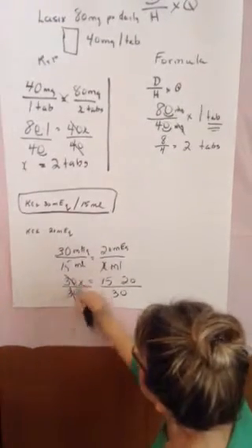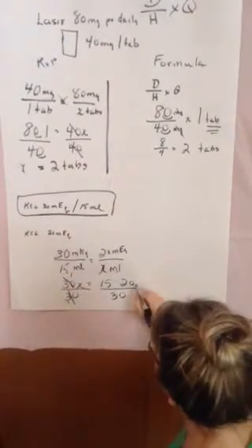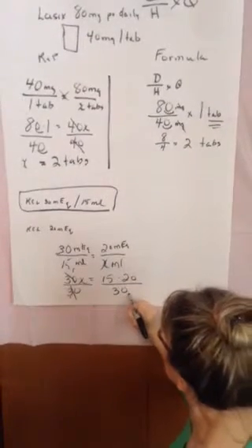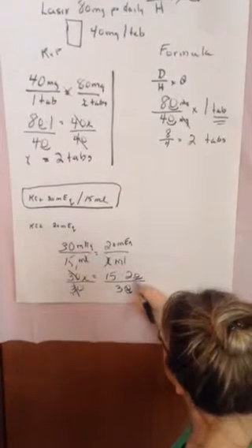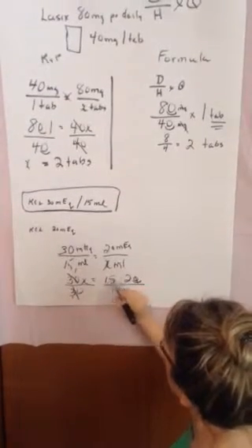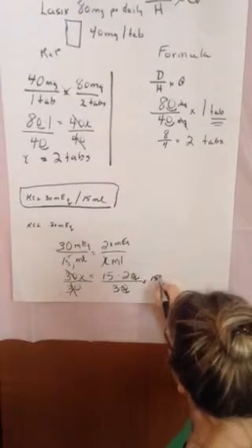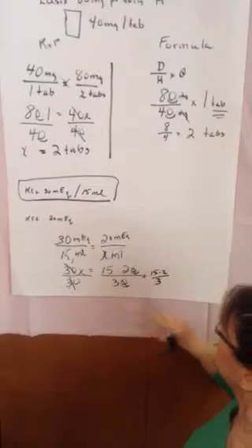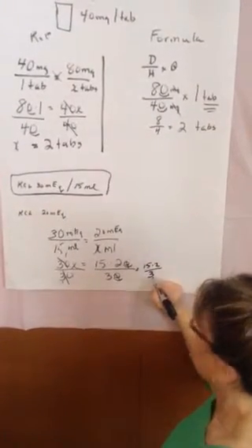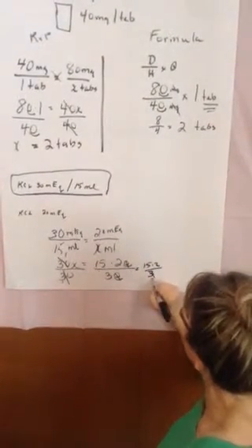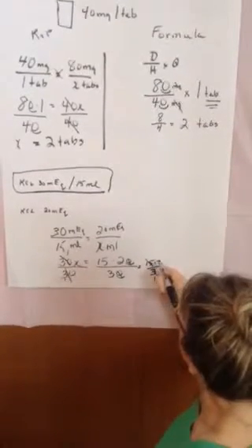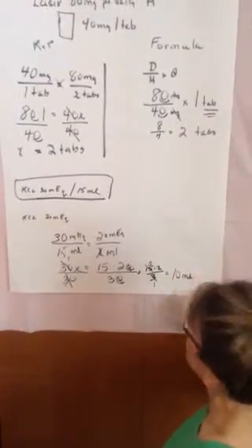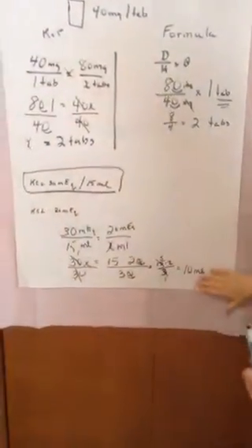And so we've isolated X, but here's where I'm going to move that decimal over, and I'm going to divide both these by 10. So now I have 15 times 2 divided by 3. But I know that 3 goes into 15 five times. So 3 goes into 3 once, 3 goes into 15 five times, and my answer is going to be 10 mils.